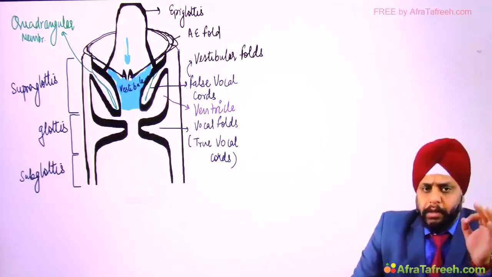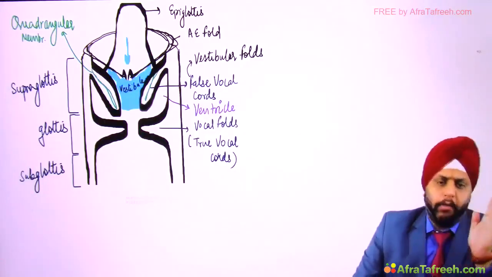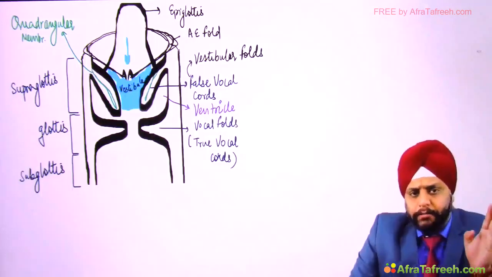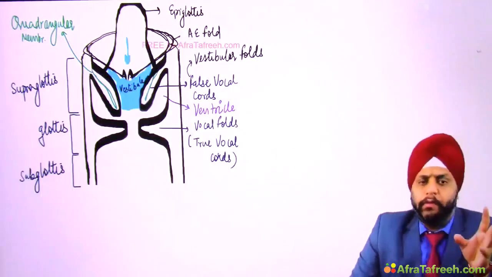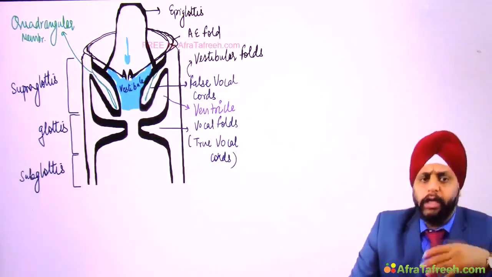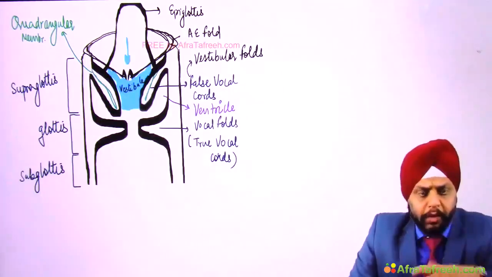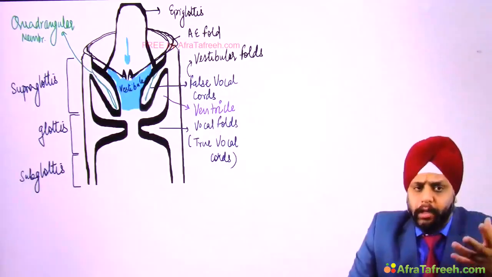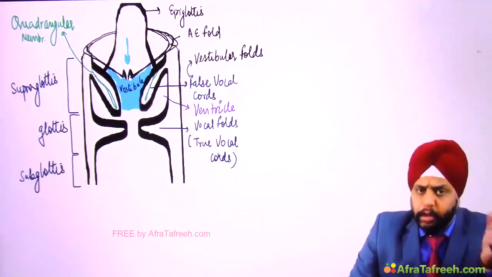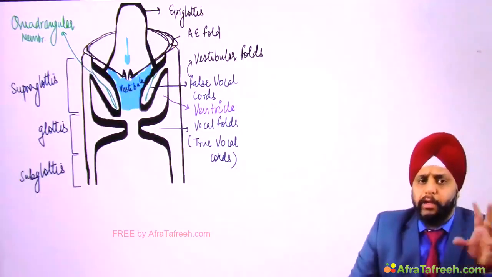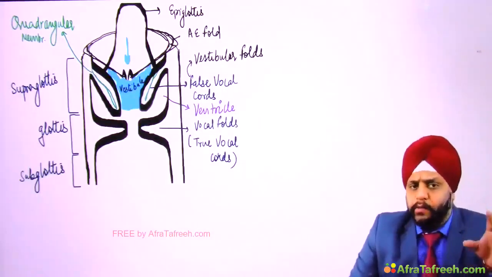Remember, we talked about the pre-epiglottic space some time back. The pre-epiglottic space is filled with fat, so that is a potential space. It's not a true space. It becomes a space when some malignancy, when a tumor, enters inside. Otherwise, it's a potential space, just like the deep neck spaces we discussed in the pharynx.